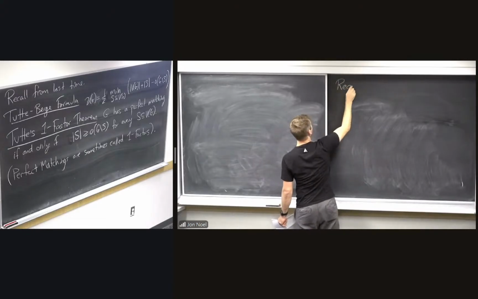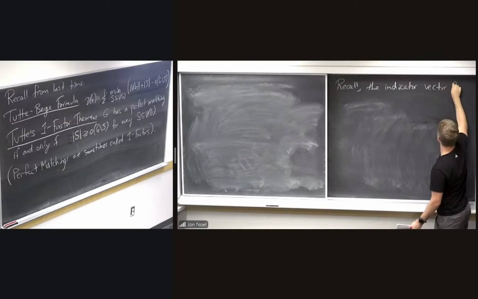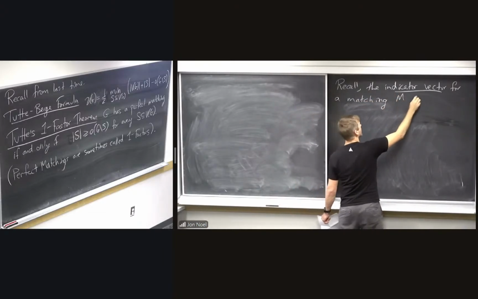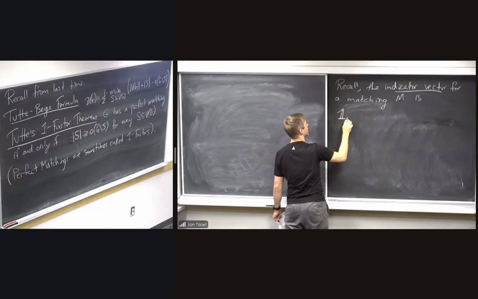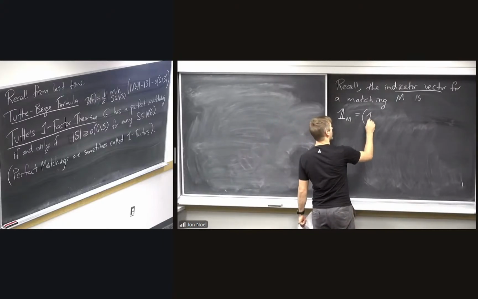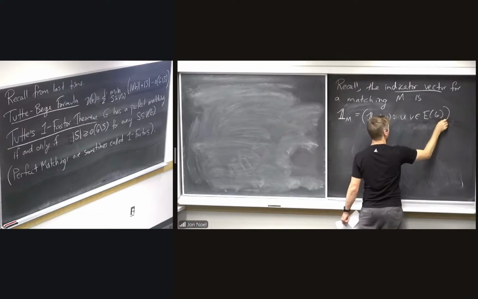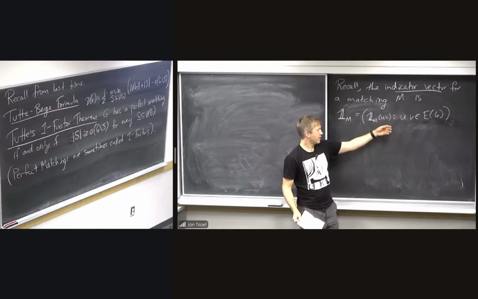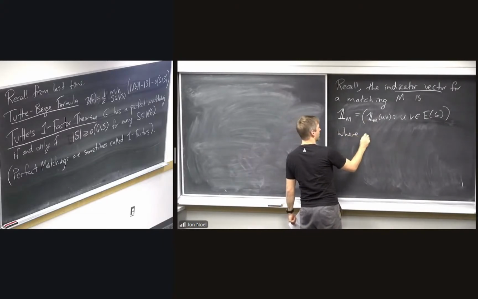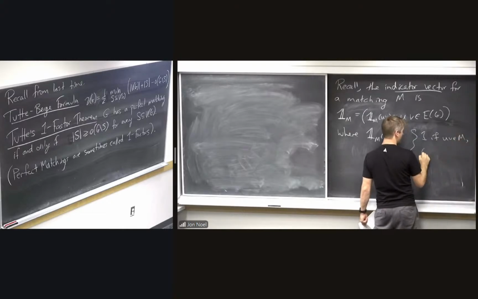Recall that the indicator vector for a matching M is the vector which we usually just write as 1 subscript M. It has a coordinate for every edge of the graph, where 1_M(uv) is 1 if the edge uv is in the matching and 0 otherwise.